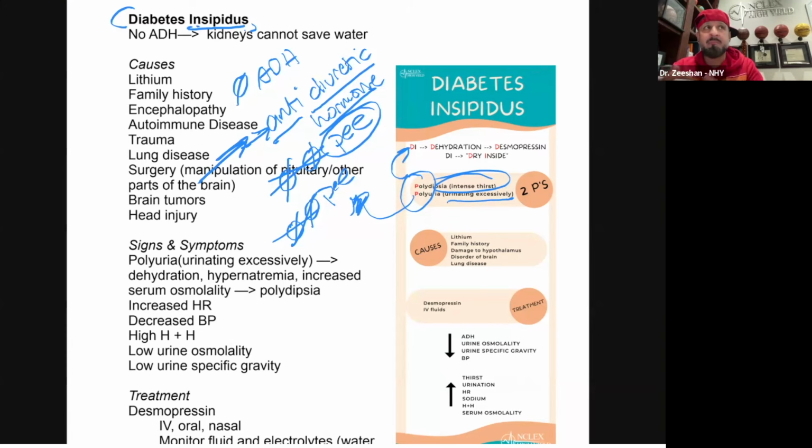Because if you think about it, the signs and symptoms of polyuria, polydipsia are going to correlate with one of the most high yield topics that we cover everywhere, which is in fact dehydration. Why is dehydration so important? Well, let's think about this.